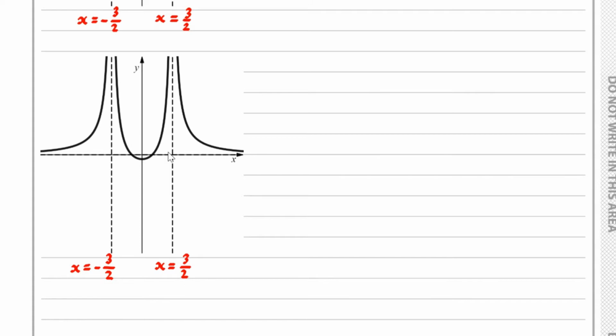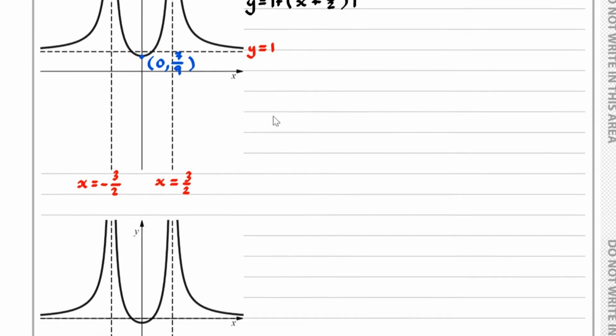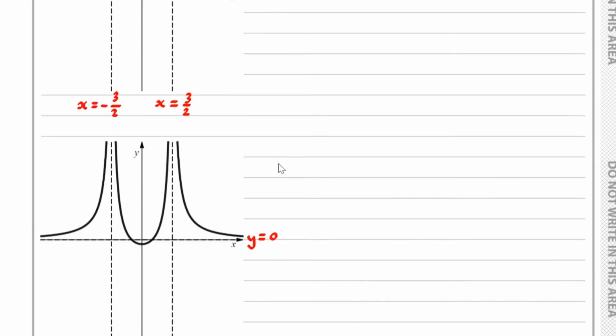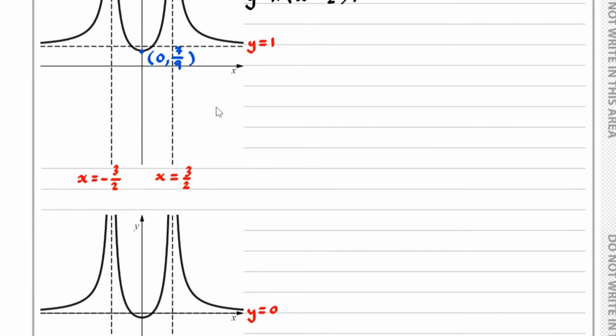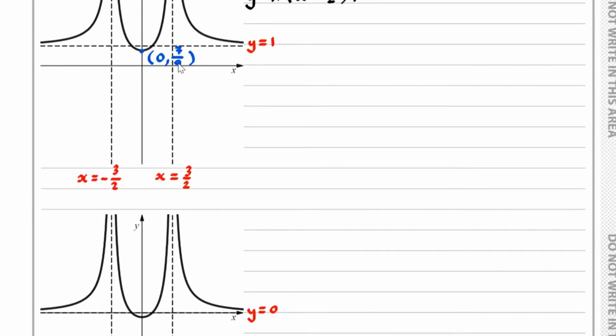We've moved our asymptote here 1 unit down, so we've got an asymptote at y equals 0, and our turning point has been moved 1 unit down.